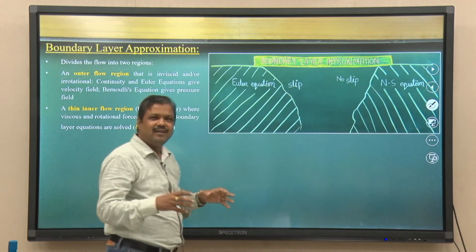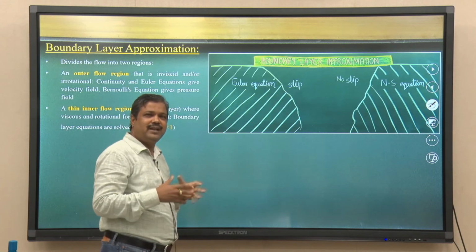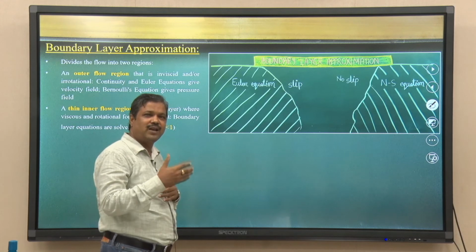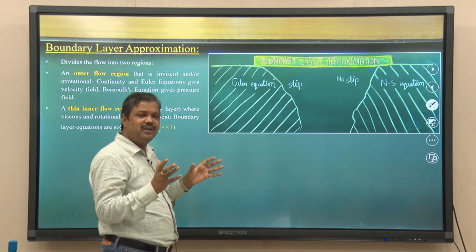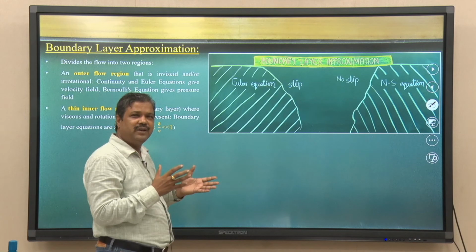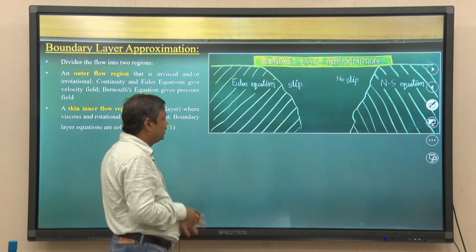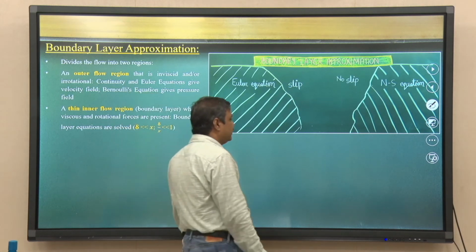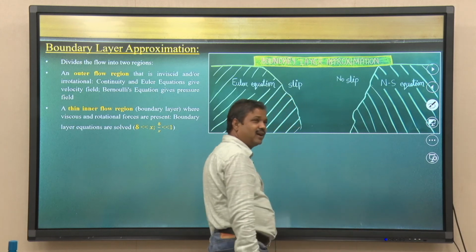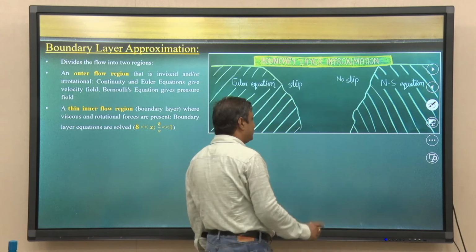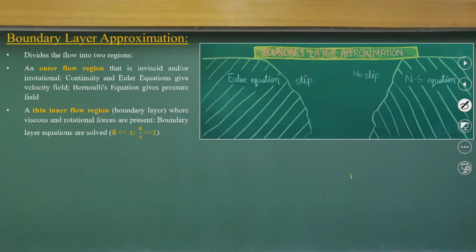But for automobiles, flow past any object has a very thin boundary layer, on the order of millimeters or centimeters. So, instead of looking at cars, people have considered a simple plate, which is very easy. Okay.